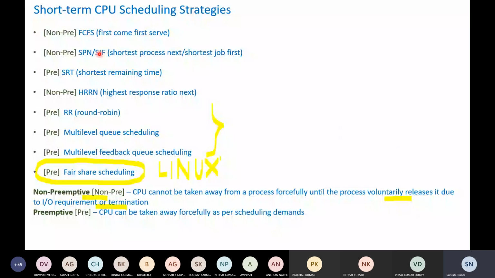the SPN, SRT, or HRRN, these three expect as an input the service time, or the amount of CPU time that the process will require. And as we found, it is quite practical to understand that this may not be available.